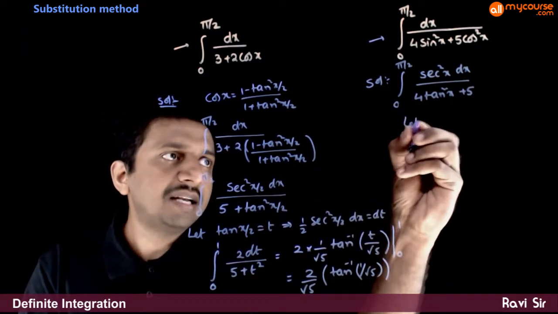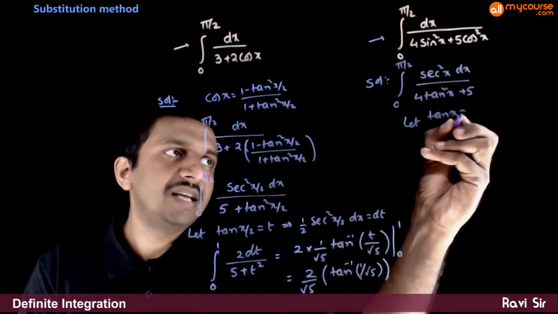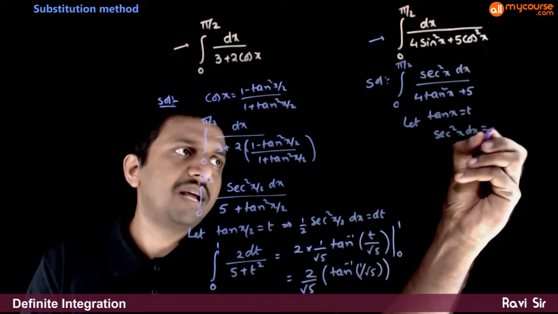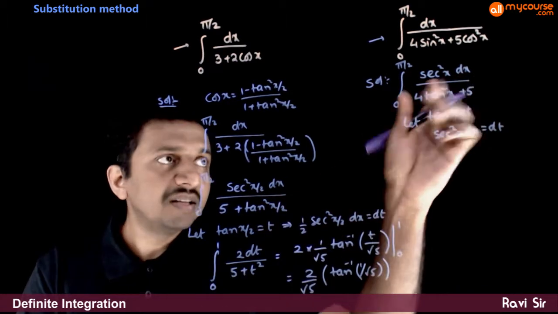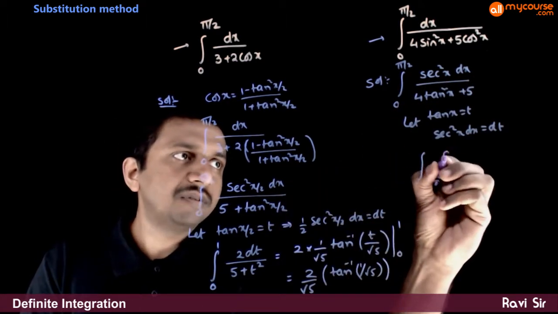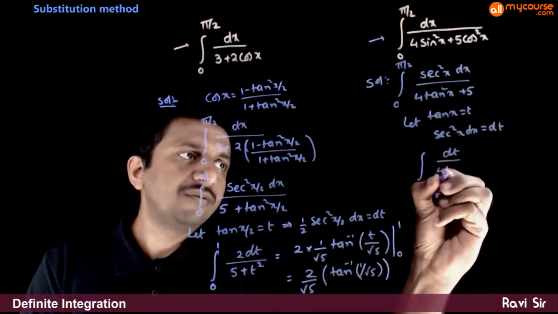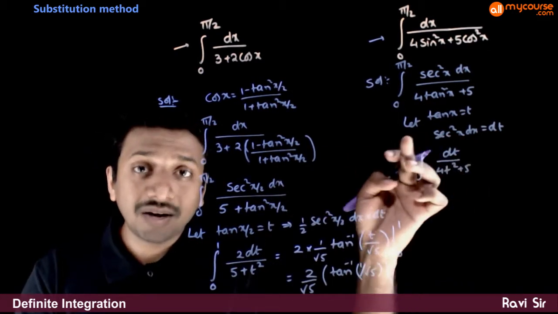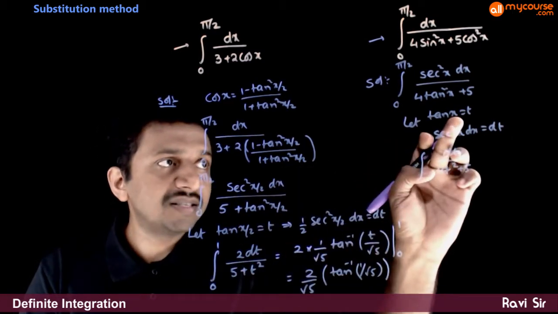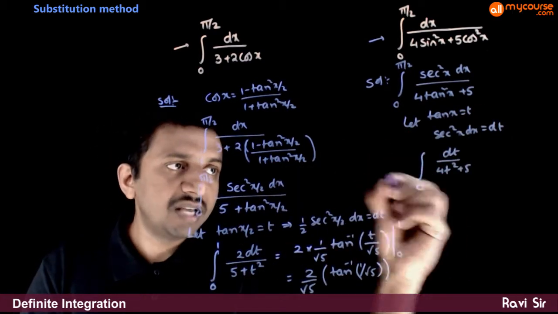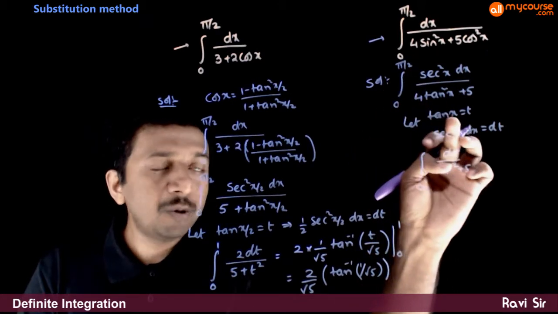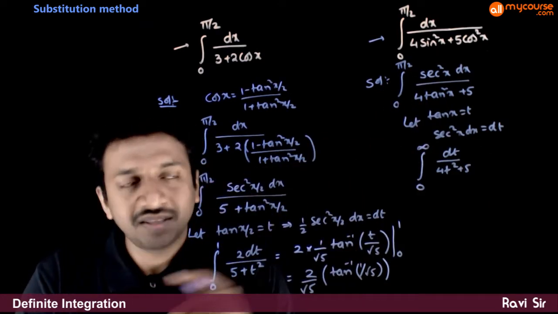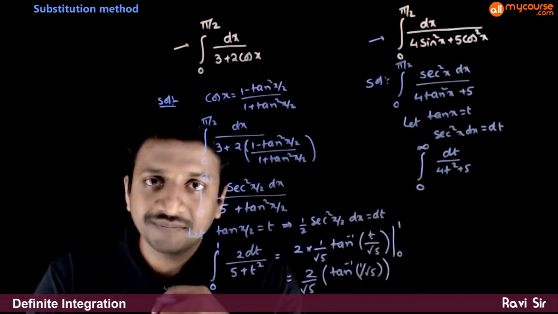Now let tan x is equal to t, secant square x dx becomes dt. So this becomes integration of dt by 4t square plus 5. And what do the limits become? When x is equal to 0, tan 0 is equal to 0. When x is equal to pi by 2, tan pi by 2 is infinity. That means the limits are going from 0 to infinity.